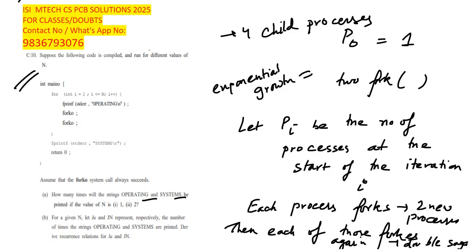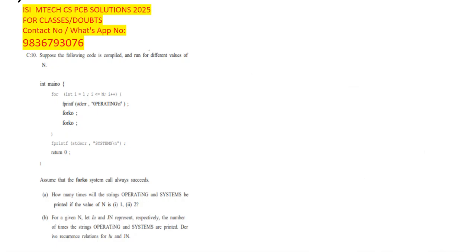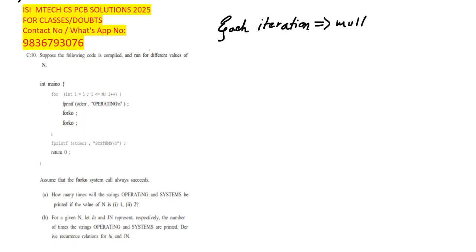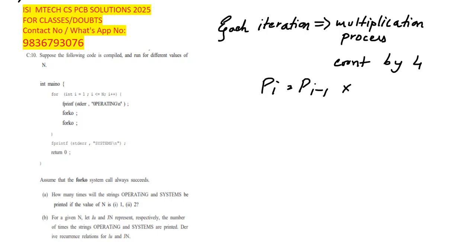So for each existing process, each iteration multiplies the process count by 4. Then Pi is Pi minus 1 multiplied by 4, so Pi is equal to 4 to the power i. Now we count the output for a specific n.